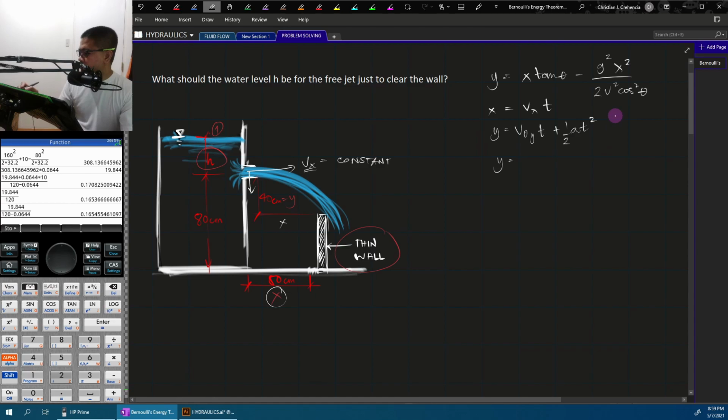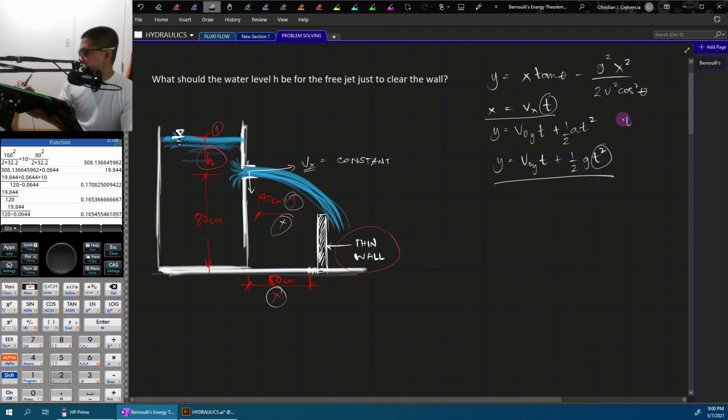So, y is equal to V_0y times time plus 1/2 g t squared. So, what is common in these two formulas? That is the time. The time it takes for this particle to travel a horizontal distance x is the same time it will take the particle to travel vertically a distance y.